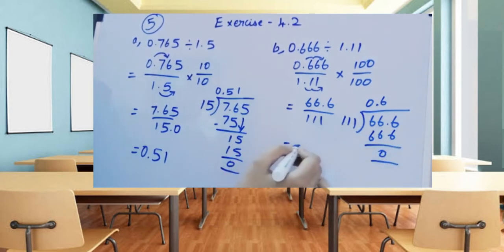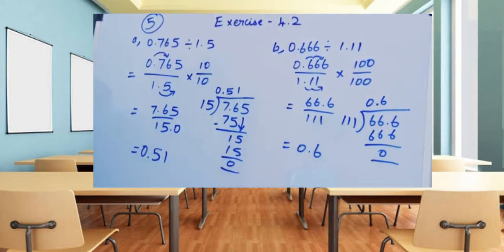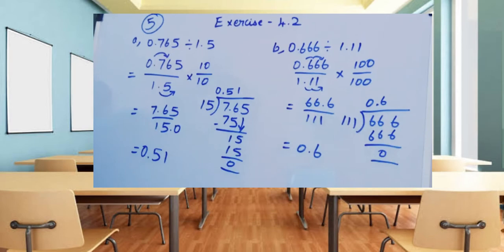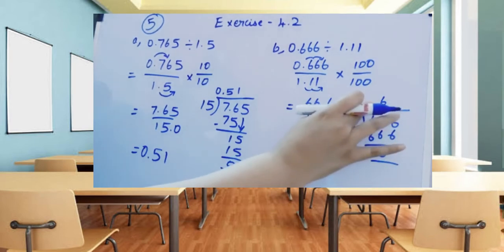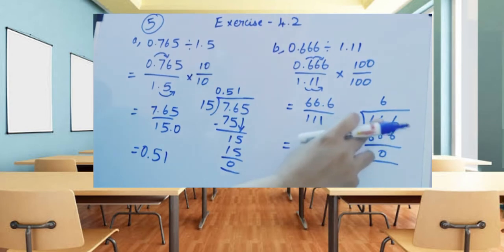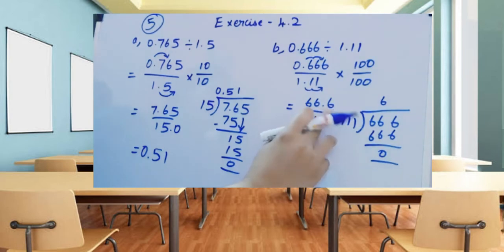So the answer is 0.6. Or else we can just consider only the numbers, 666 divided by 111, 111 into 6 are 666. Here there is only one digit after the decimal, so we keep it as 0.6.